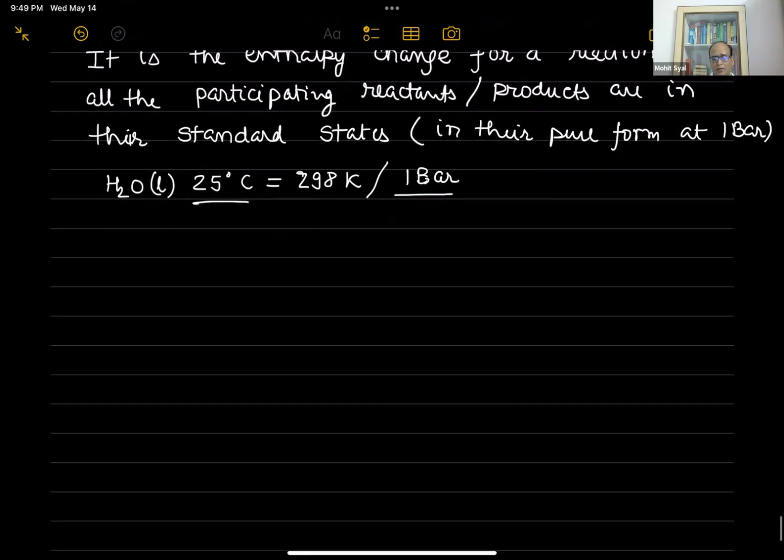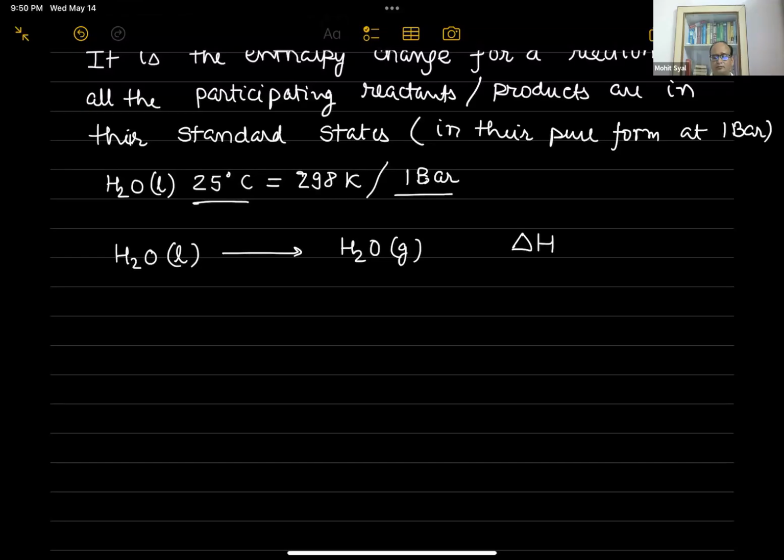For example, H2O liquid to H2O gas. So this is the vaporization happening.